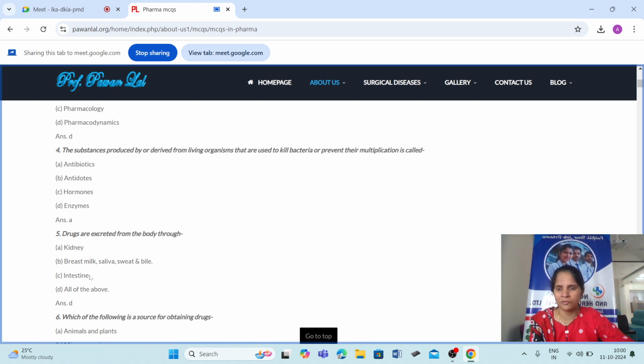Through the fecal matter also some amount of drug will be eliminated. Some of the drugs we have studied in the 3-1 or 3-2 semester have excretion by fecal matter. Only a little proportion, not 90%. 90% of the drug will be eliminated through urine only, that is through kidney only. But some amount of the drugs can also be eliminated through intestine. Okay.